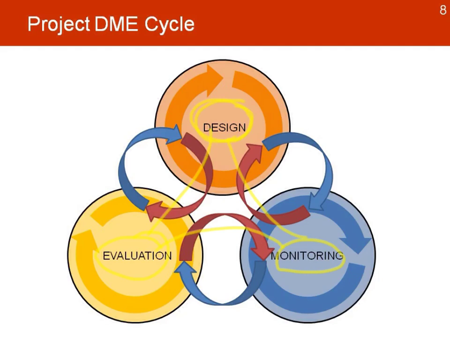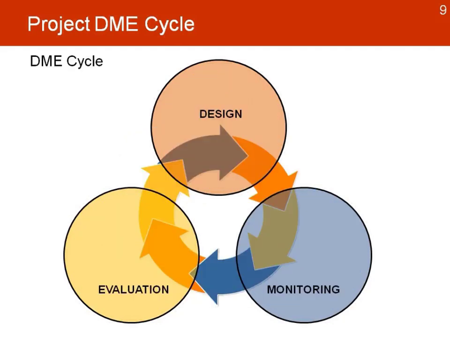There is a continuous connection between the three of them that provides information. The nature of development projects is that they are usually full of assumptions and risk, and that requires a continuous approach to make changes and improvements in every step that we make in the project.